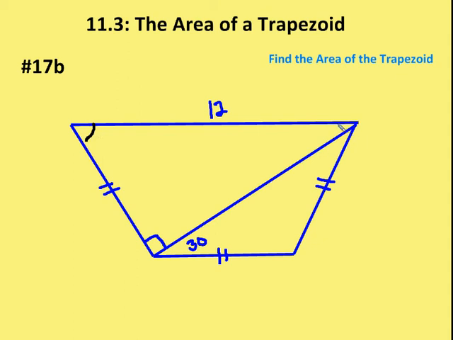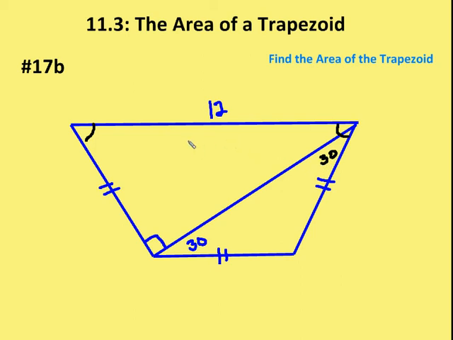So let me just mark this up as two congruent angles. Well, we also have another isosceles triangle here, and we know that if the sides of this triangle are congruent, then the base angles are going to be congruent. So I mark this as 30 degrees.